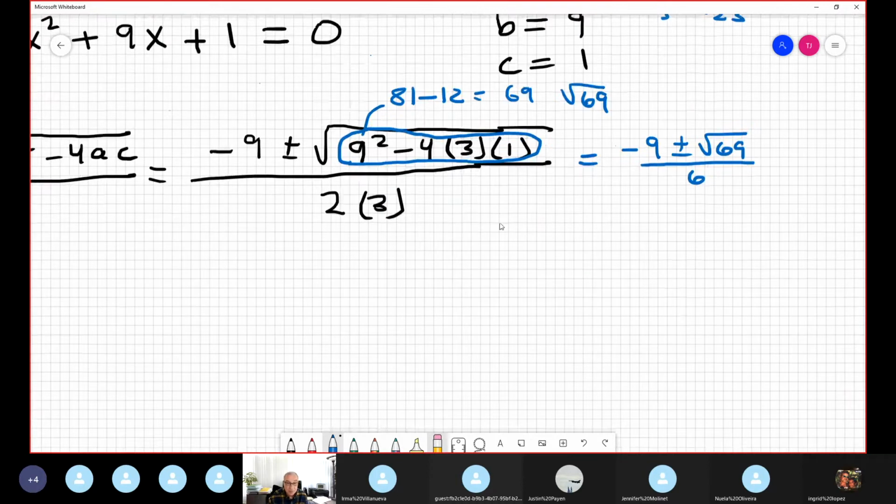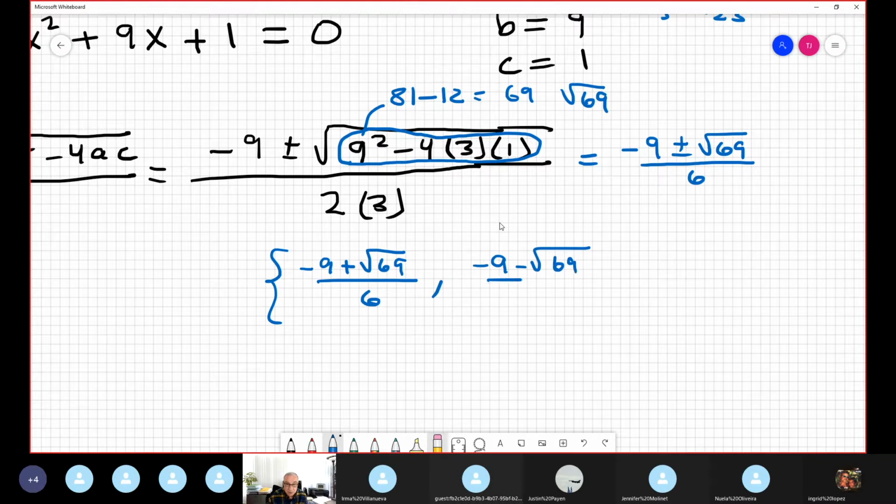You put negative 9, open the curly bracket, negative 9 plus radical 69 over 6, separated by a comma, negative 9 minus radical 69 over 6. Okay, and that's it. What option is correct? I suppose C, no?